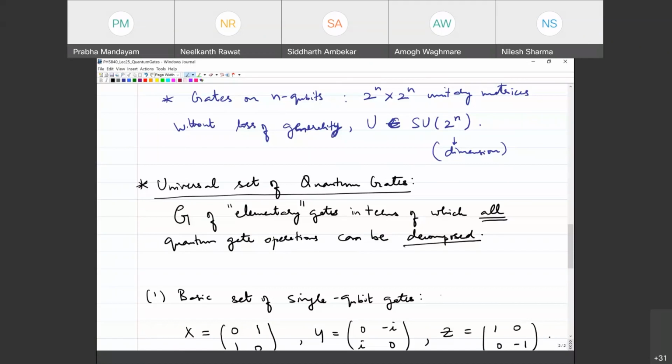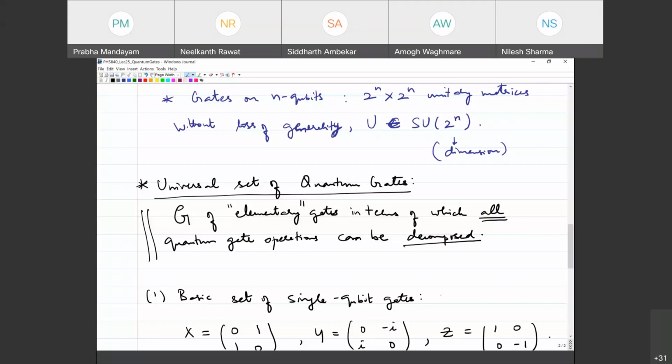And remember, when I say all, I mean quantum operations on all dimensions. I should be able to take an n qubit quantum unitary gate and decompose it in terms of a basic set of elementary gates. Otherwise, no matter how theoretically amazing my model is, no experimenter is going to take this model seriously.